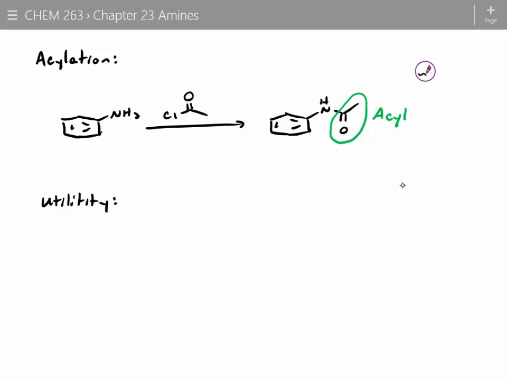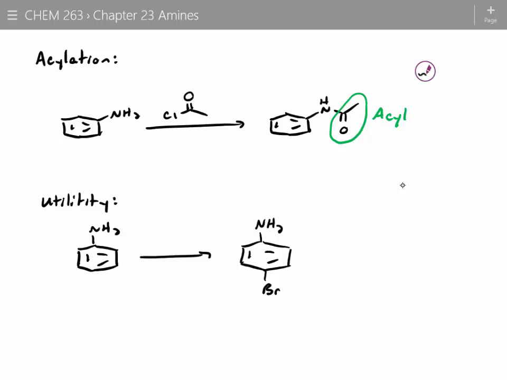So let's say we want to brominate the para position of an aniline. What reagents would we need? Yeah, iron tribromide or aluminum tribromide, really any sort of Lewis acid.